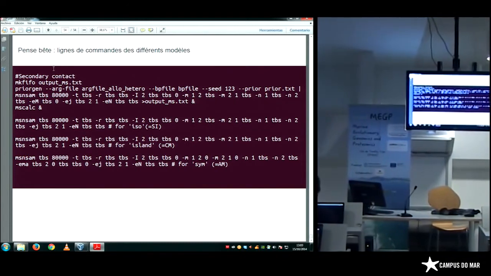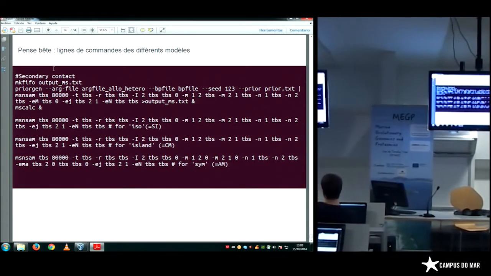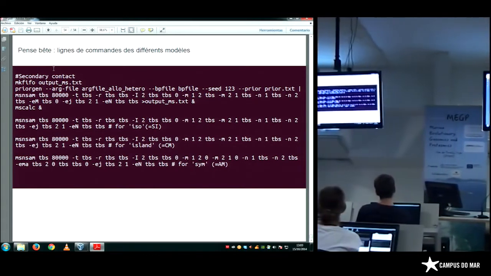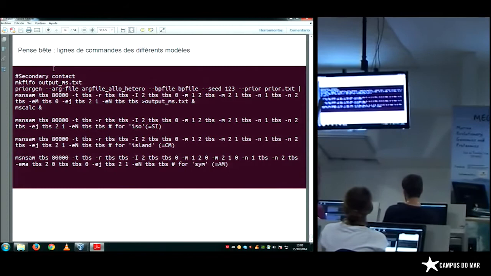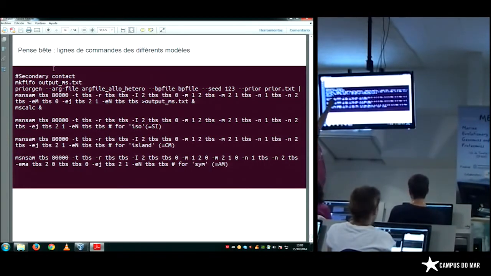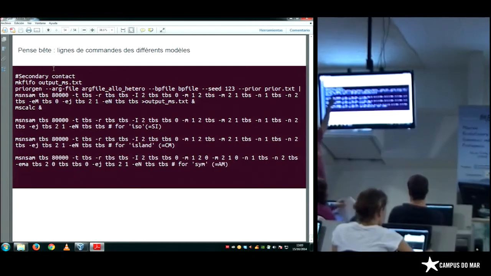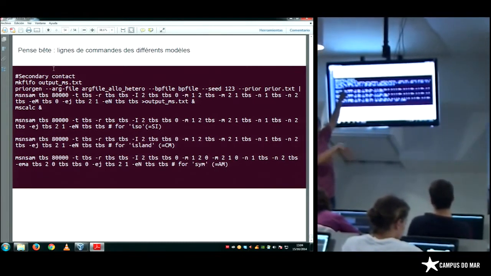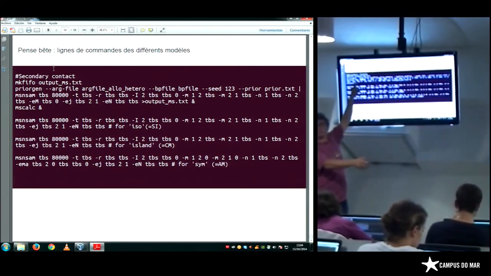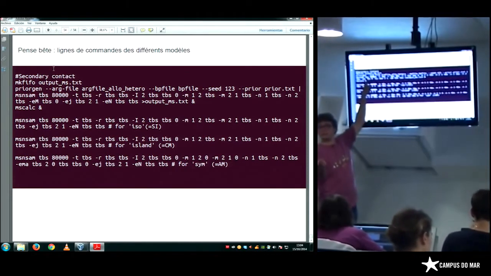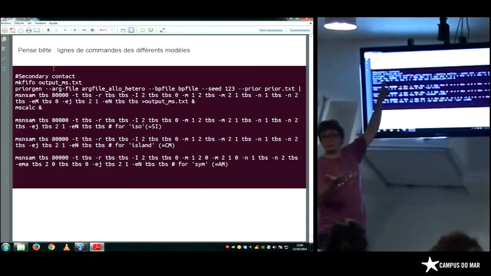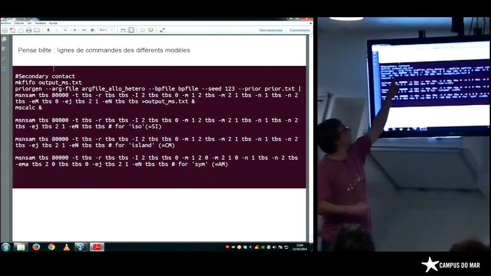So here you have the secondary contact model, which begins somewhere here. To simulate a secondary contact model, first you put the sample size. It depends on your data. You have to say, I sampled 10 sequences in population 1 and 8 in population 2. So this first argument would be 18 in this case.